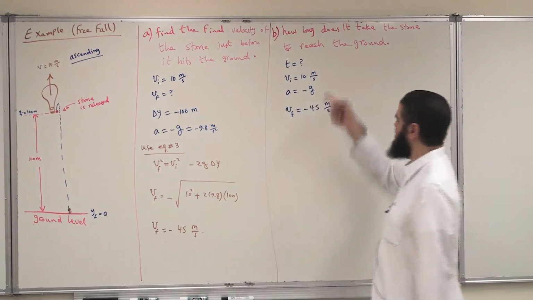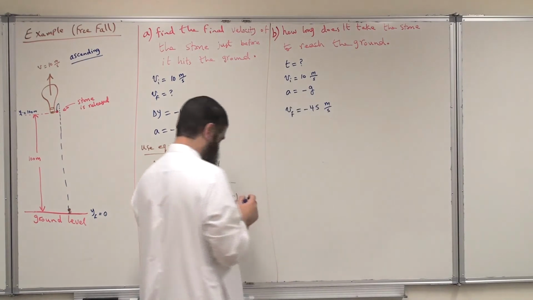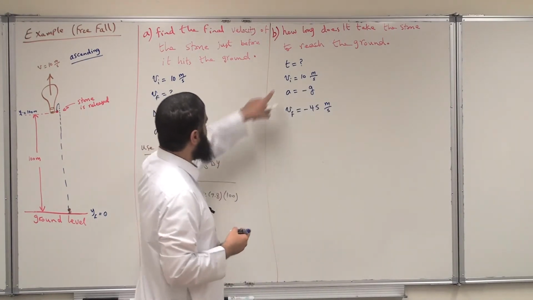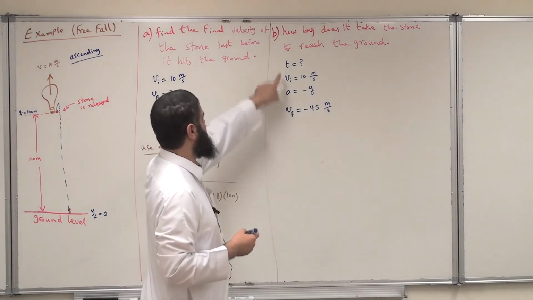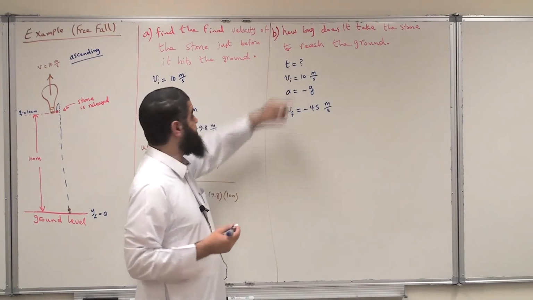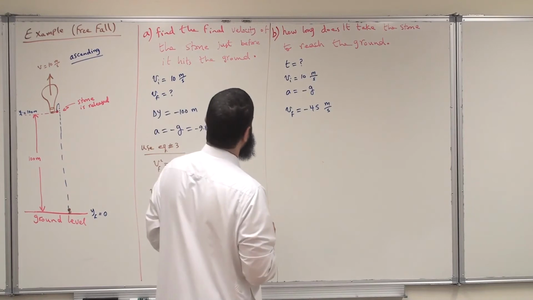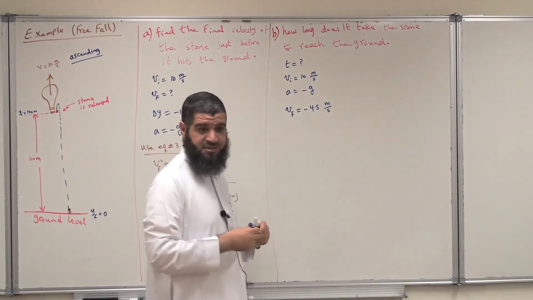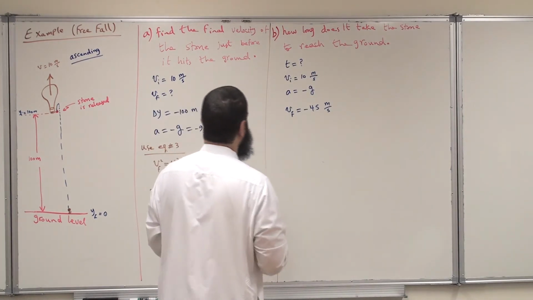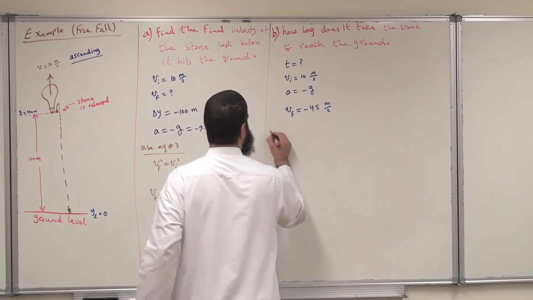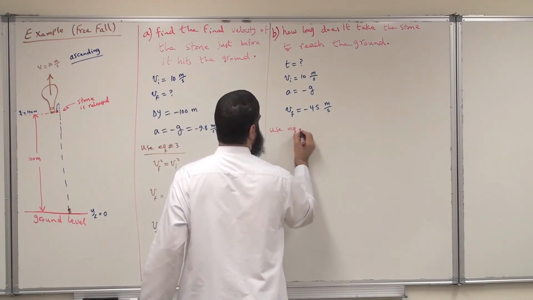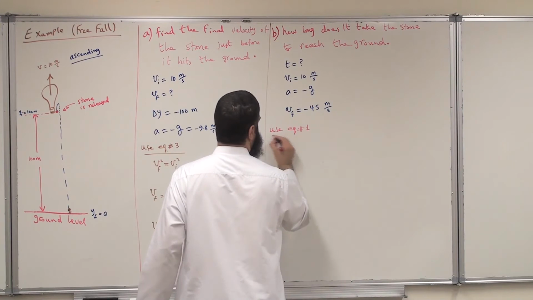So we can use these 4 physical quantities. 3 of them are known, and the 4th, which is the time, is unknown. Which equation should we use? The first equation can give us the time. So use equation number 1.